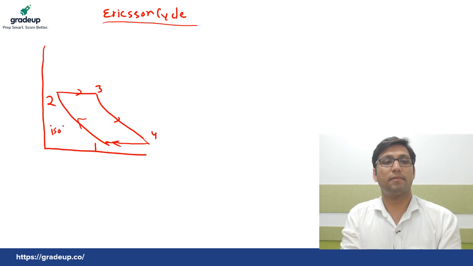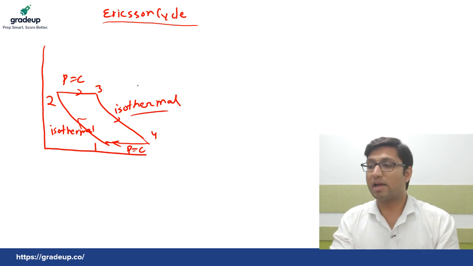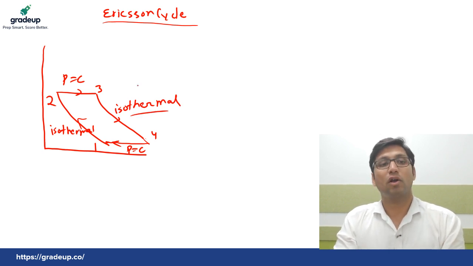This is isothermal, this is constant pressure heat addition, constant pressure heat rejection, and this is again isothermal. So this is the Ericsson cycle.